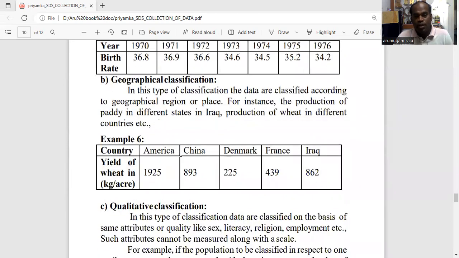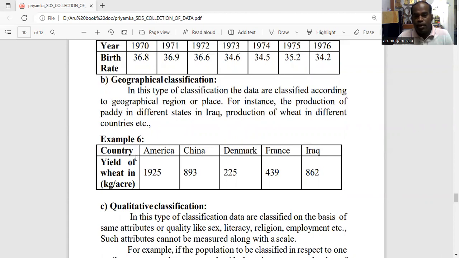The next one is geographical classification. Geographical classification is where we classify the data based on the geographical region. For example, the production of paddy in different states in Iraq, the production of wheat in different countries.